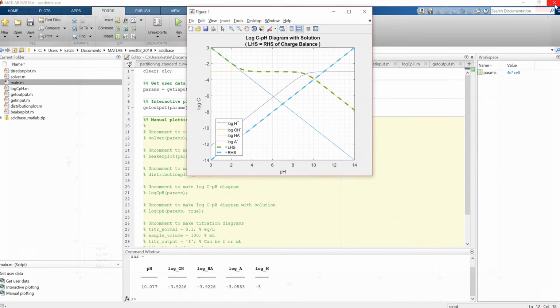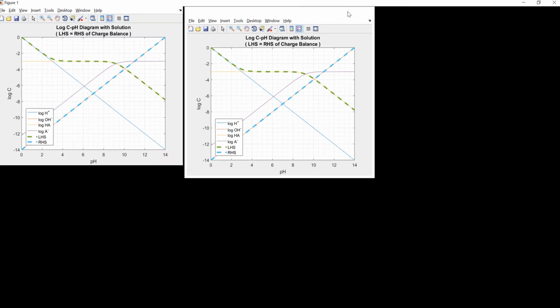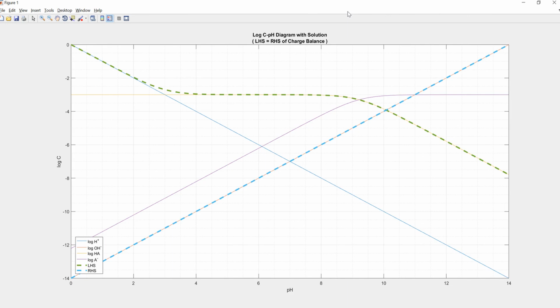And then finally, in this case, when we plot the log of the left-hand side and the right-hand side, we see that we are in fact not using the charge balance, but we have substituted for the salt into the charge balance. So we have log of OH minus on the right-hand side and log of H plus plus HCN for the log of the left-hand side.